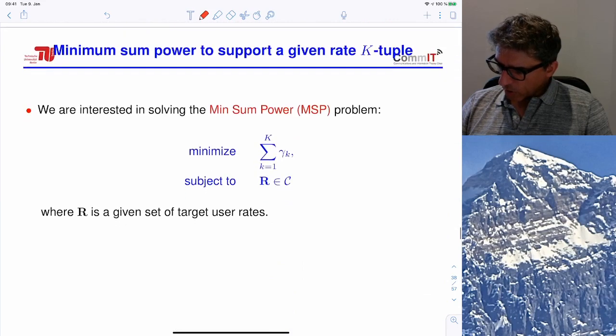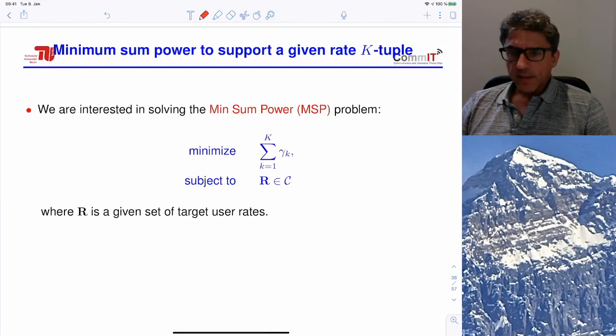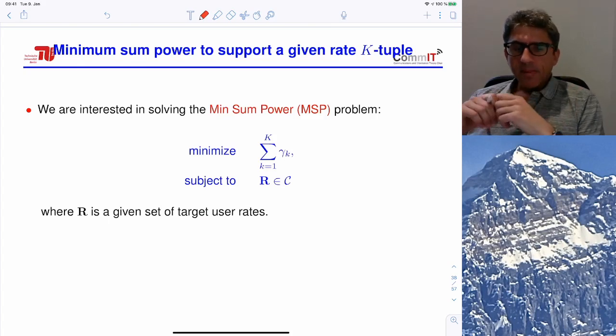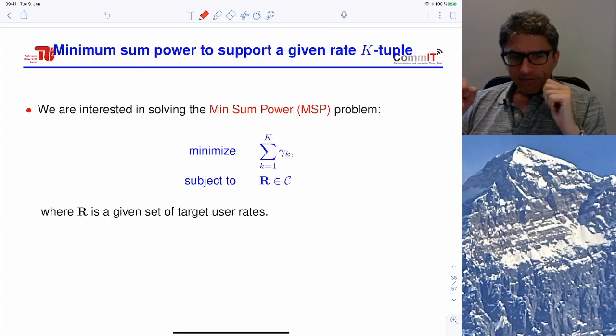So we can also work out an alternative problem, which consists of almost the reverse question. Suppose that we want to solve the following. We are interested in supporting a set of target rates.